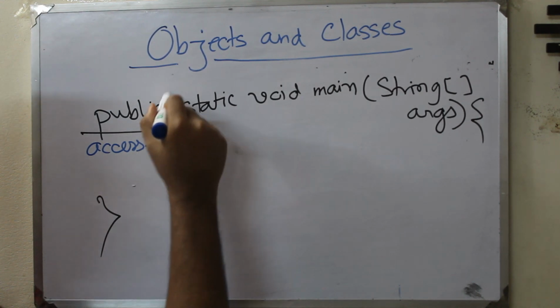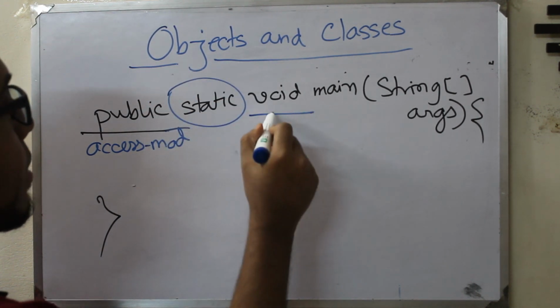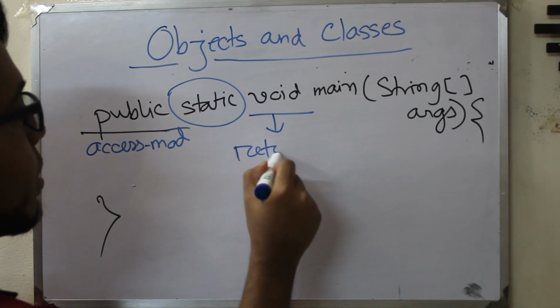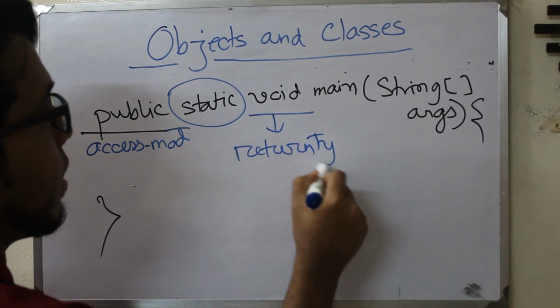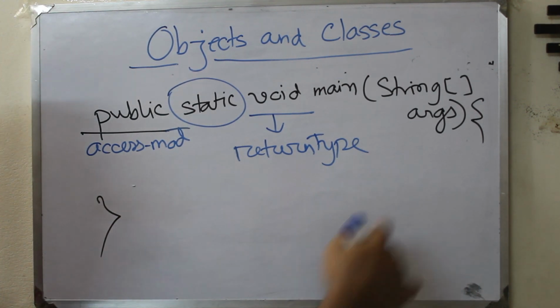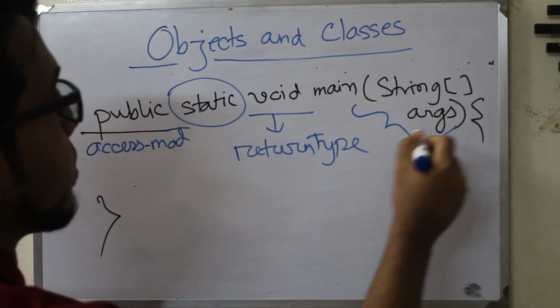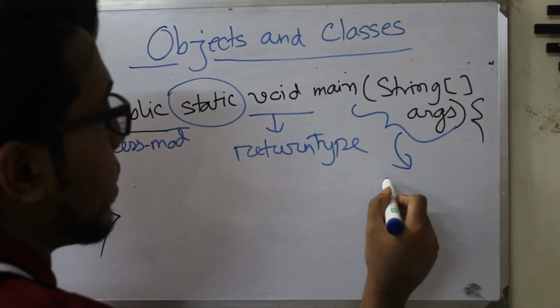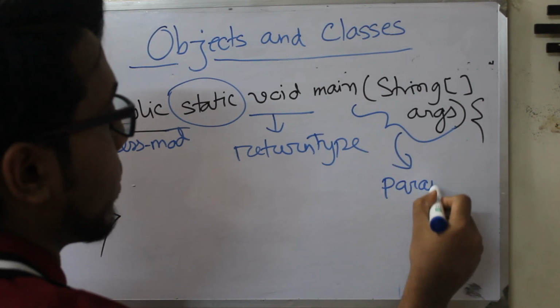Then static, you can ignore it for now. Then void means the return type is void. It returns nothing, okay? And this part, String args, is an array of strings named args. This is the parameter that we're passing here.